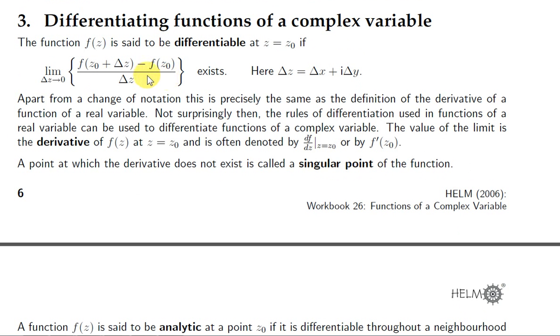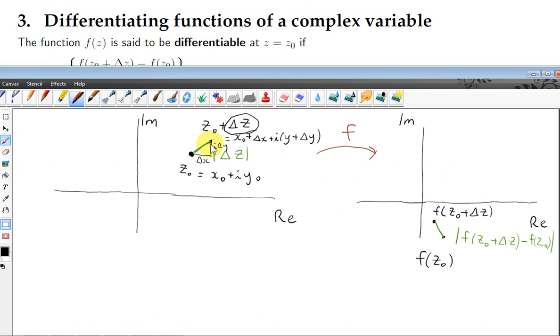Now for this function f of z to be differentiable at z0, this limit must exist and be independent of the path we use to take this limit. So we want the derivative at z0. We were using this point here, and when we take the limit as delta z goes to 0, it shouldn't matter which path we use in taking that limit.